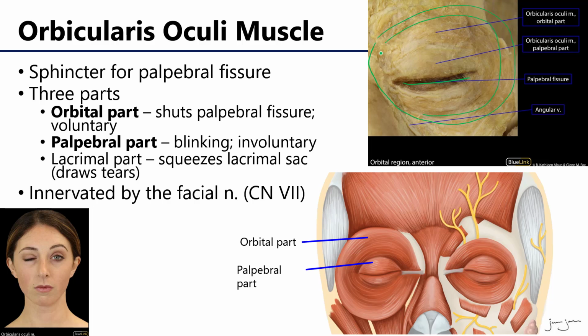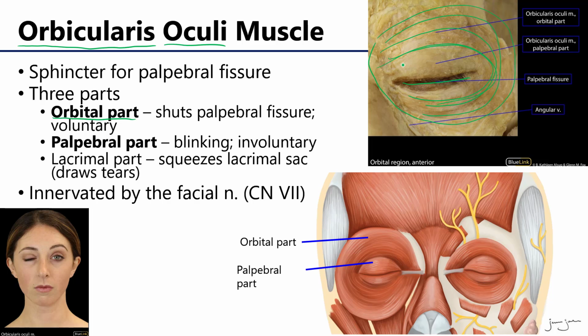That orbital part is entirely voluntarily controlled, and it's called orbicularis because its muscle fibers go around the fissure, and oculi because it's of the eye. So when you decide you're going to shut that fissure tight, you use the orbital part. So entirely voluntary.